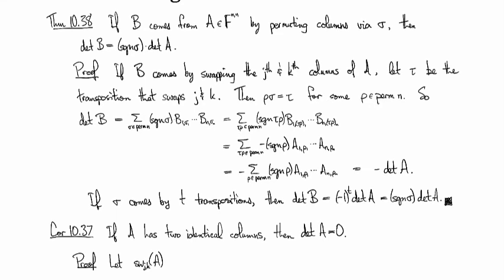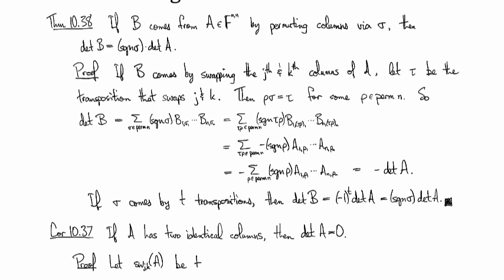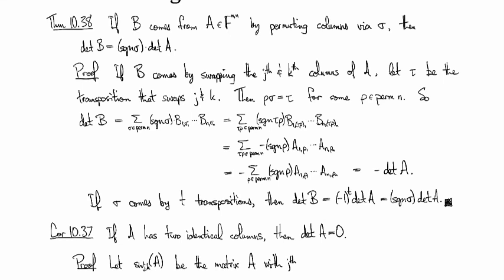Okay, so Swap_{jk} is the operator that swaps the jth and kth columns of A. So let this denote the matrix A with the jth and kth columns swapped.